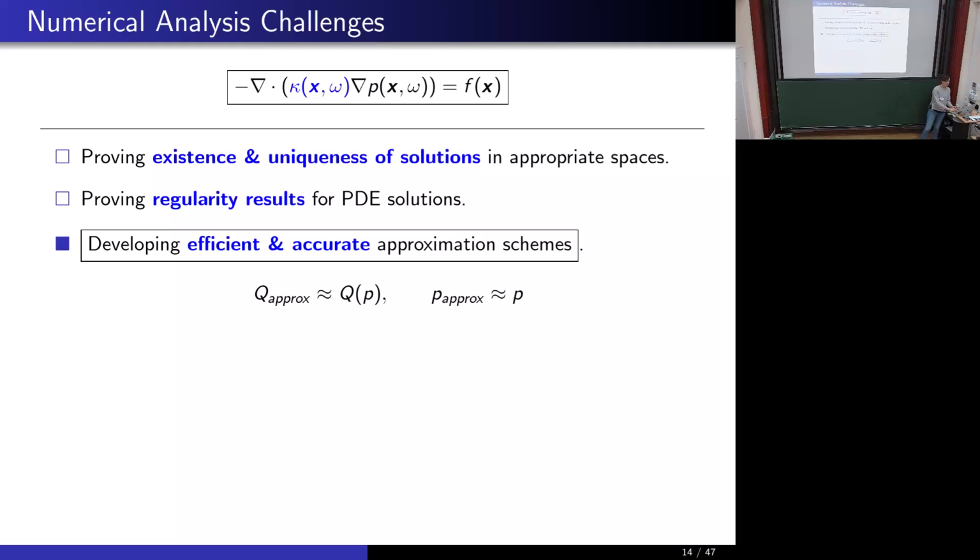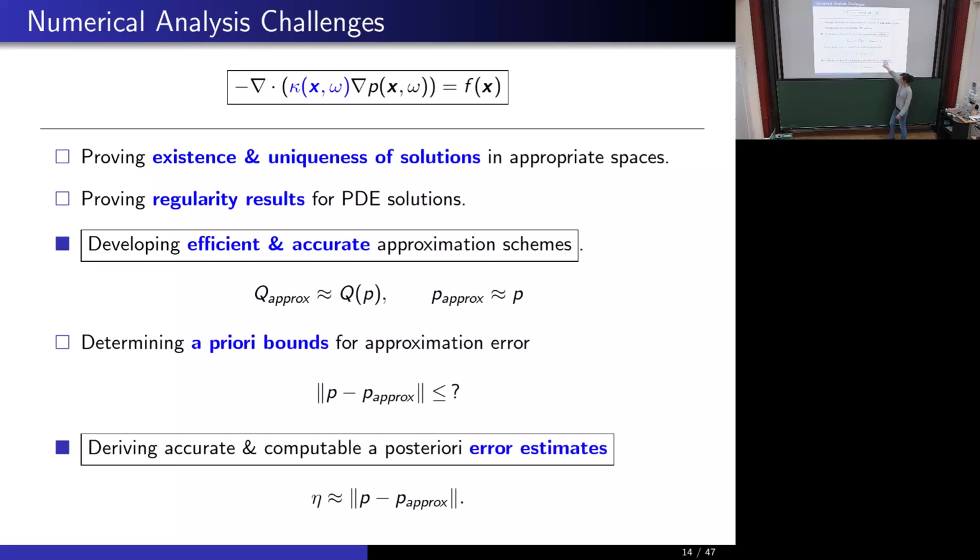In other instances, we might just be interested in estimating quantities of interest, so maybe only the mean, say. Our numerical method should be tailored to what we want to do. Mostly I'm going to focus on this, but occasionally I will do the other. So depending on what you want to estimate, you might find that you need to tailor your approach to your quantity of interest.